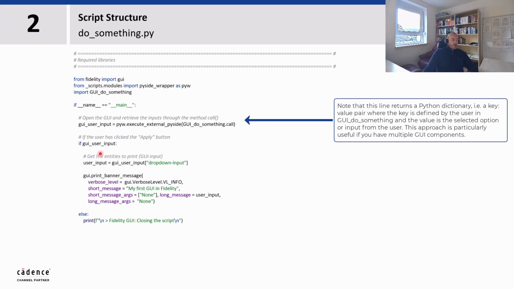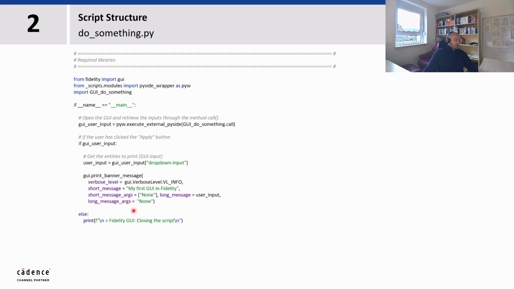So if the user has clicked apply, I will show you that in a second, get the user input. In this case, the input is the selected value of a dropdown. And then in my simple example, I simply print a GUI banner in Fidelity that shows which selection the user has done. But of course, this can get way more complicated.